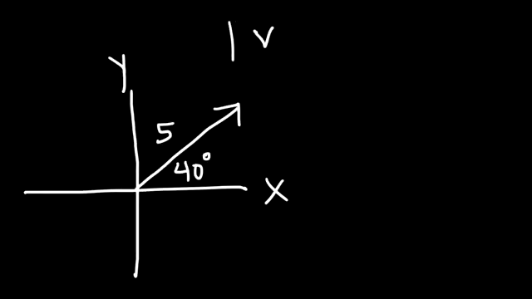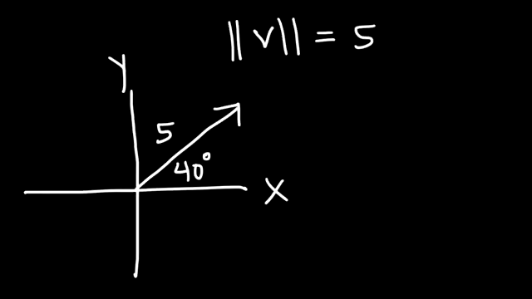Now there's two common ways in which we could describe a vector, and that is we can give its magnitude and its angle. So let's say this is the x-axis, this is the y-axis. And let's say this vector has a length of 5 and it's directed at a 40-degree angle. Let's call it vector v. So the magnitude of vector v is 5.